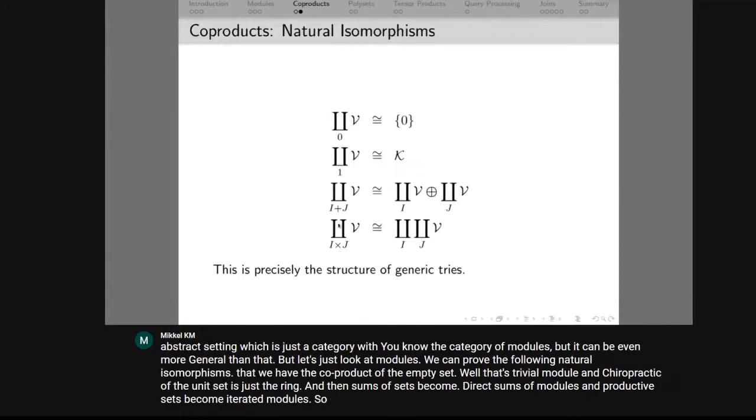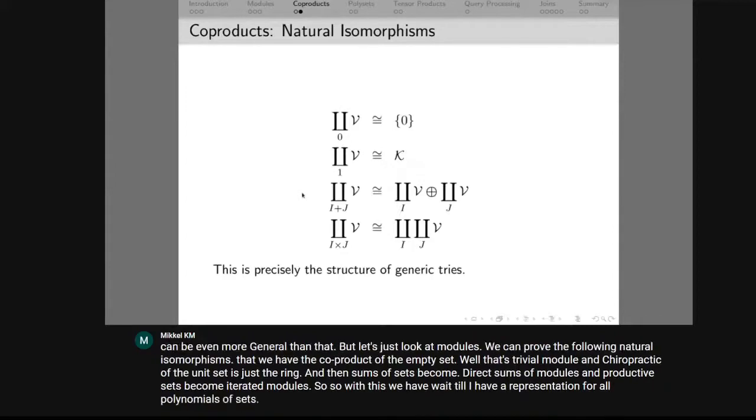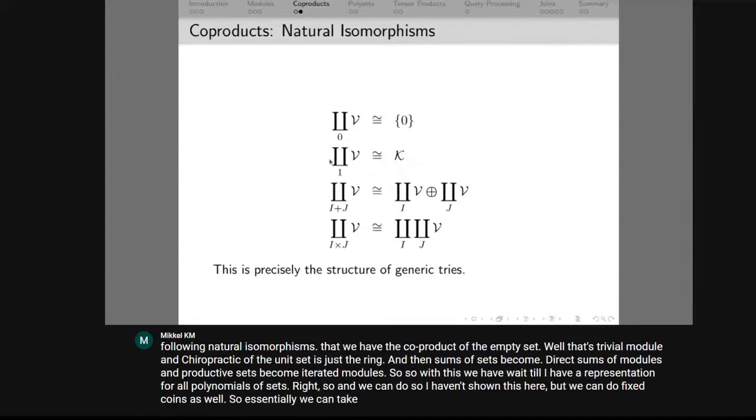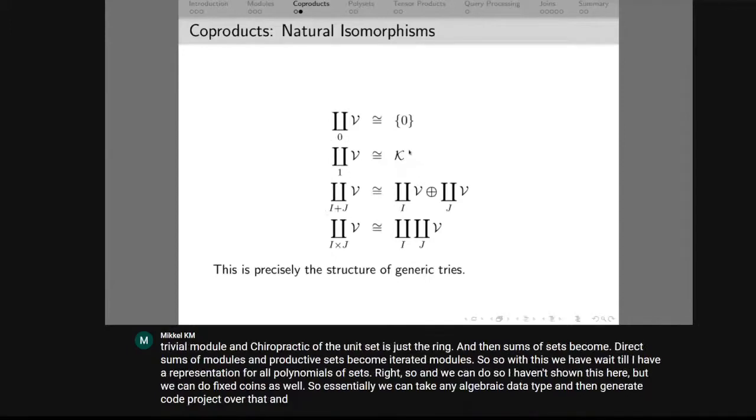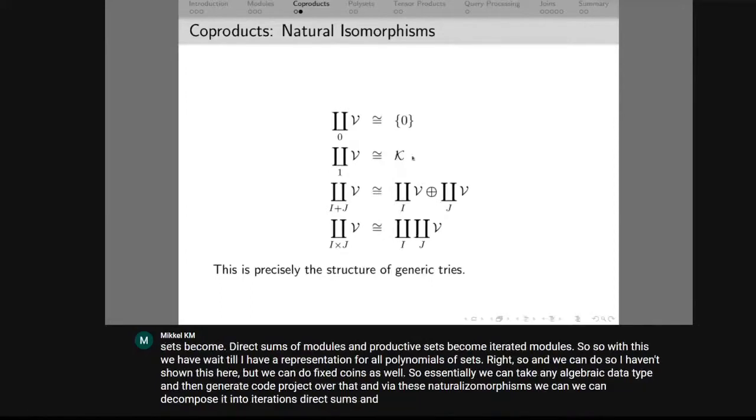So with this, we actually have a representation for all polynomials of sets, right? I haven't shown this here, but we can do fixed points as well. So essentially, we can take any algebraic data type and generate the co-product over that, and via these natural isomorphisms, we can decompose it into iterations, direct sums, and the primitives here.